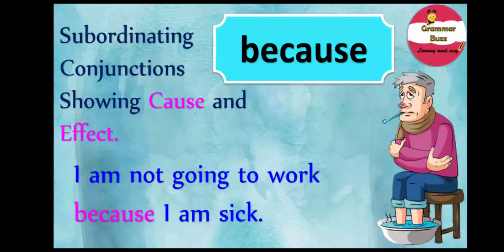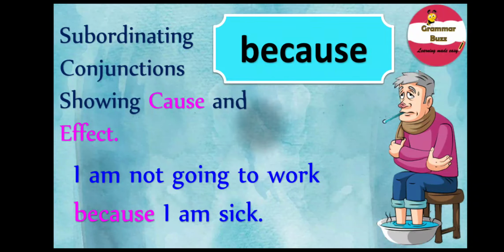And because is a subordinating conjunction as it comes in the beginning or the start of a dependent sentence, and it connects the two sentences, the independent sentence and the dependent sentence. So, isn't that very simple? Surely it is.